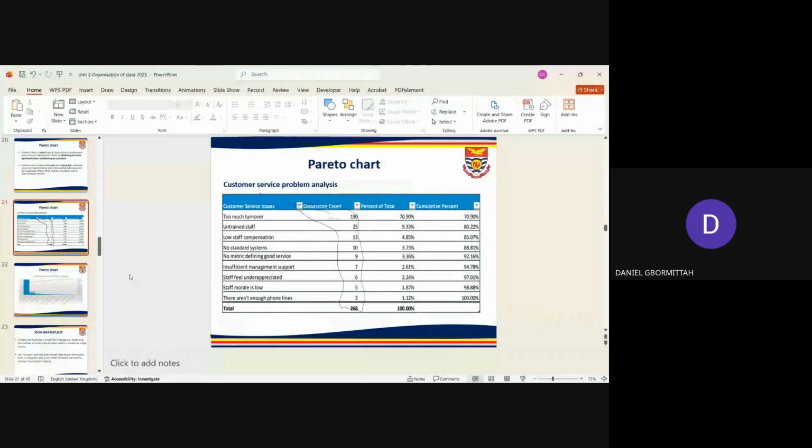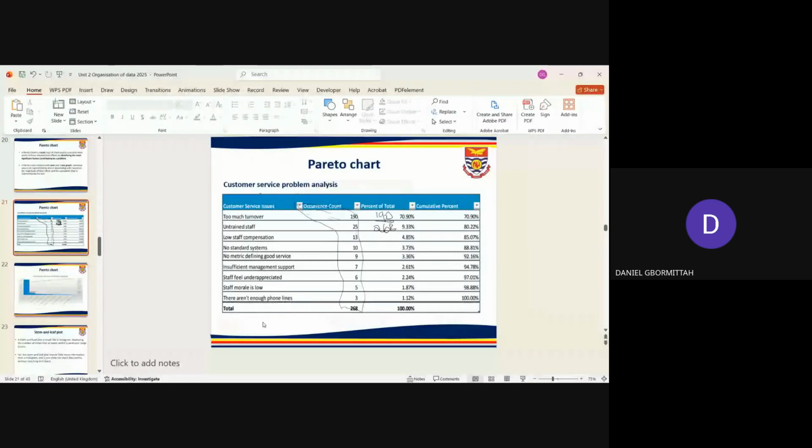So you do 190 divided by 268, and that gives 70.895, which rounds to 70.9.